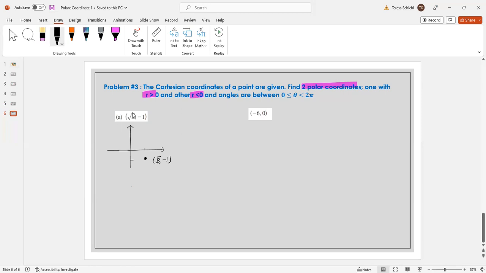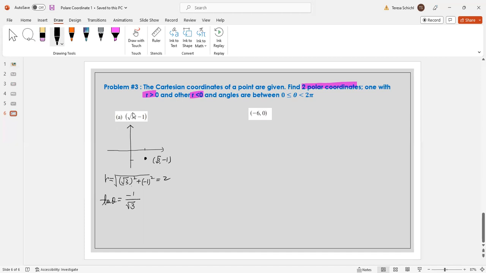Okay, so now first, r is easy. So r is the square root of square root of 3 squared plus negative 1 squared. So r is equal to 2. All right, so r equals 2. Then tangent theta is y over x, so it's negative 1 over square root of 3 here, right?